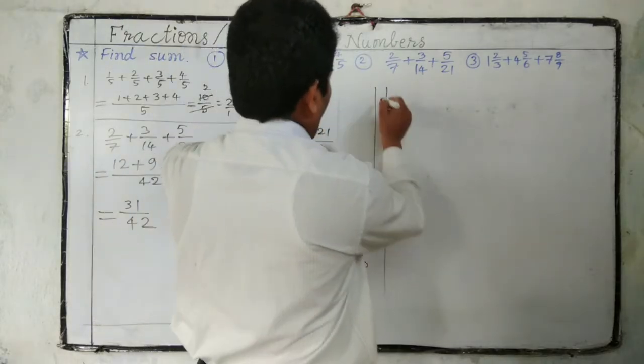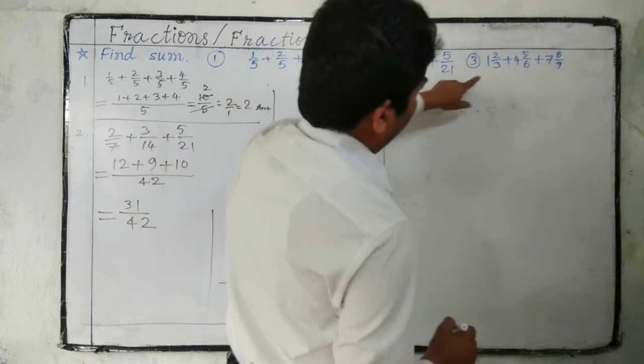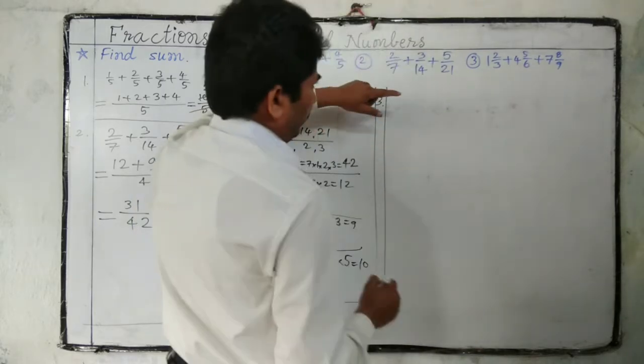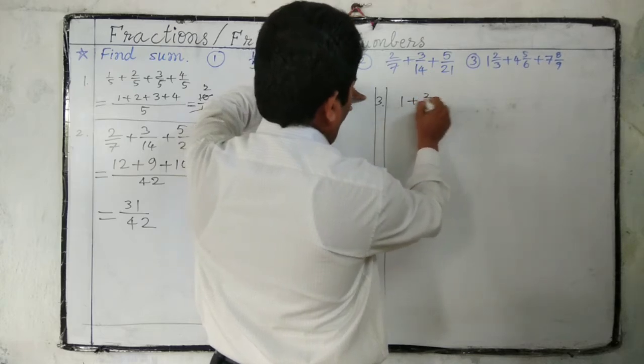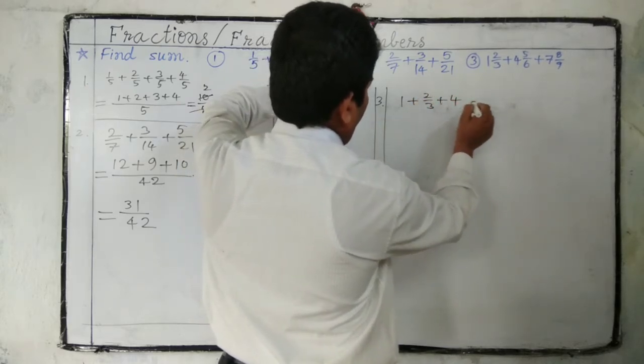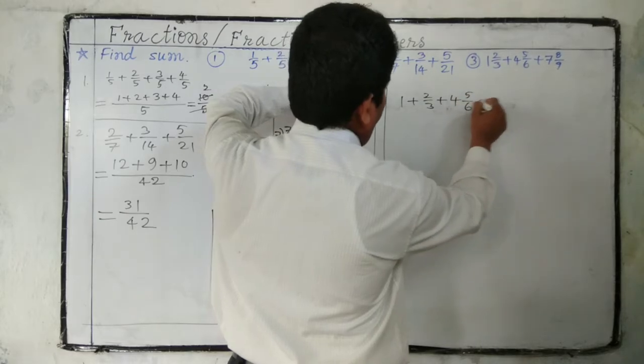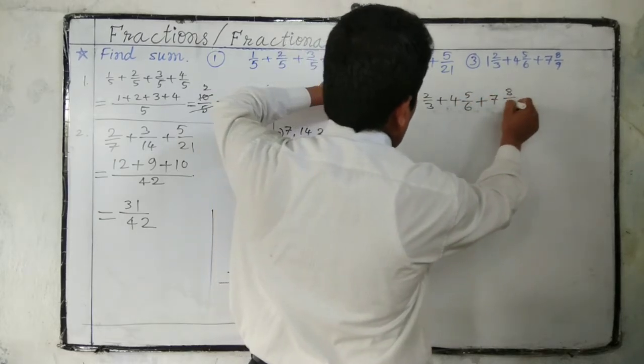Next, third problem. These are mixed fractions: 1 2 by 3 plus 4 5 by 6 plus 7 8 by 9.